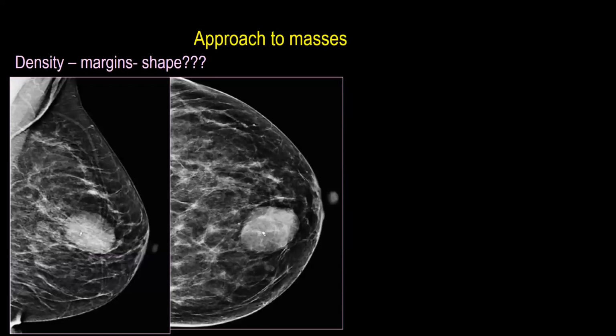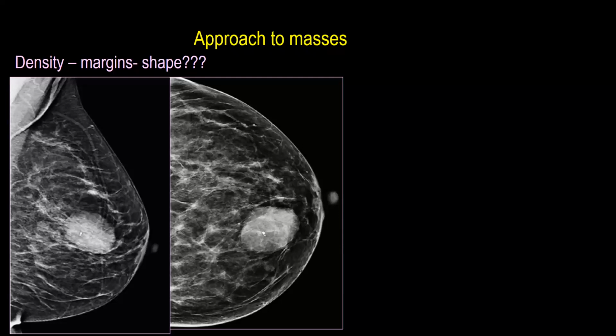Density, margin, shape. Oval shape, high density. Lobulated? Shape is oval. Excellent. Margins, microlobulated margin.